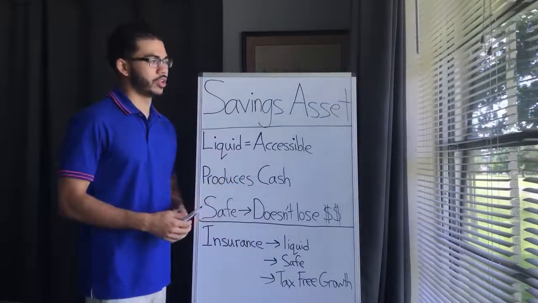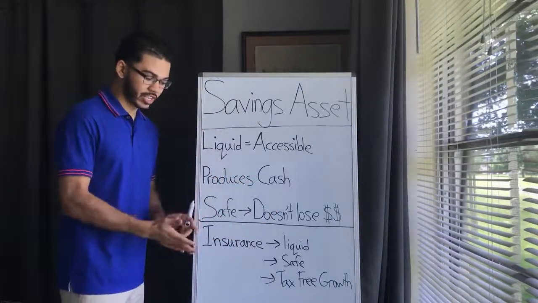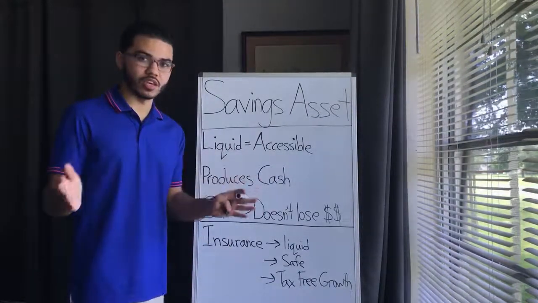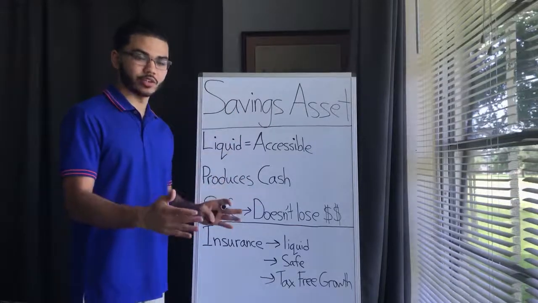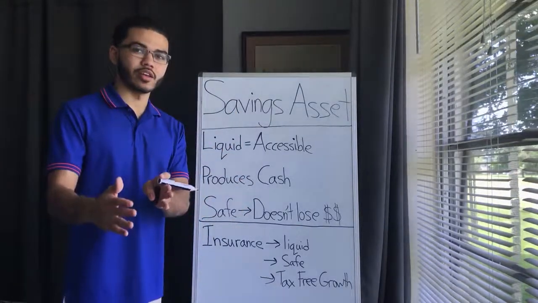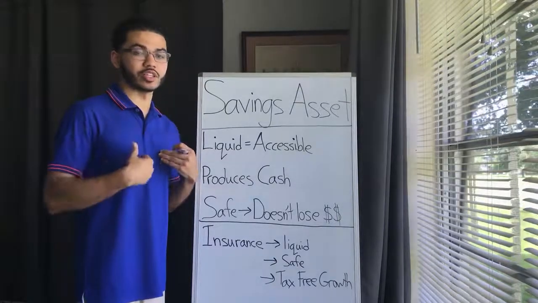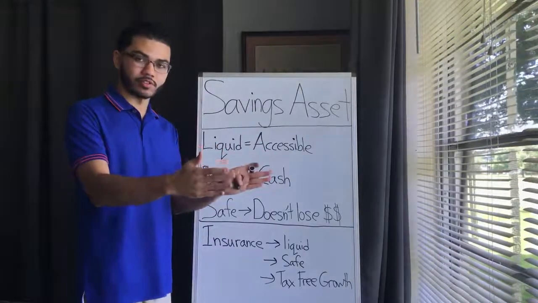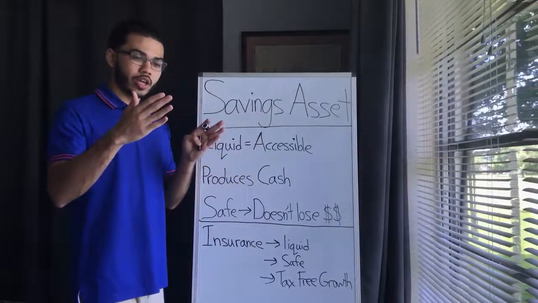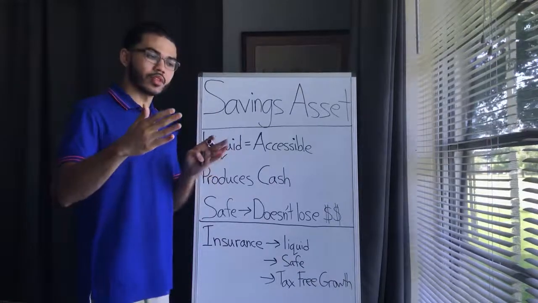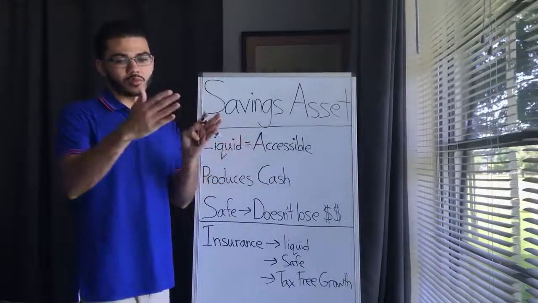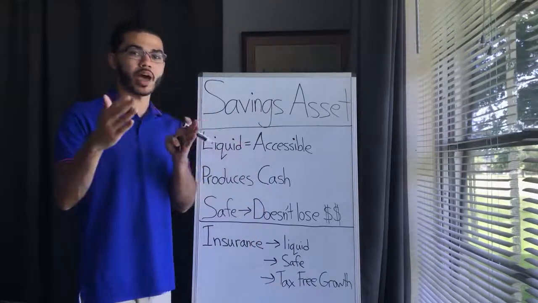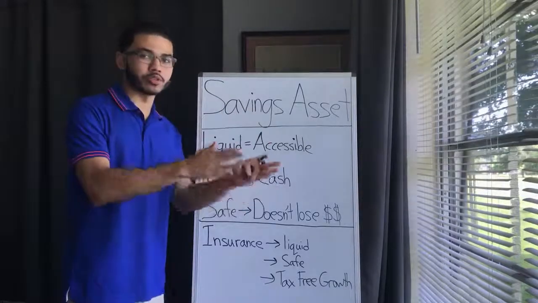Now, the purpose of a savings asset is for protection. Key. It's protection. It's protecting you in the event that you are not able, personally, physically, to produce any more income for a temporary period of time, or it is protection from job loss, protection from a bad investment deal, a bad opportunity, a good opportunity that went bad.